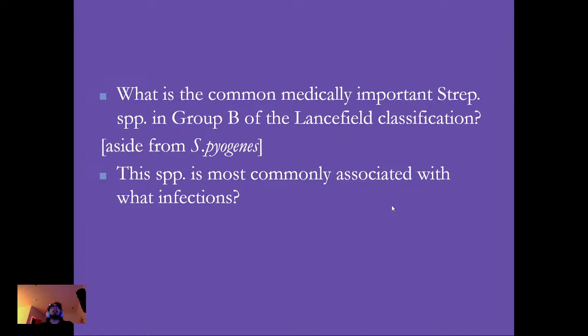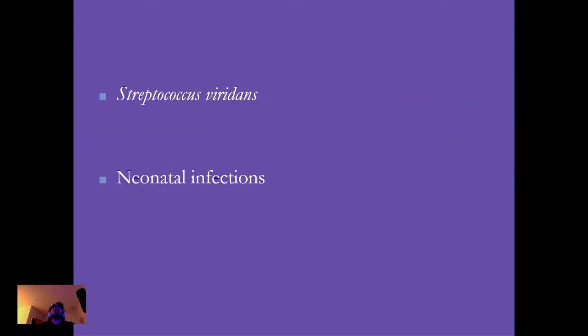Aside from Strep pyogenes, we have what we call Streptococcus agalactiae. Okay? Group B strep. That is usually seen in neonatal infections. That's why in the hospital we see GBS swab or GBS screening. That's what we look for there, group B strep.